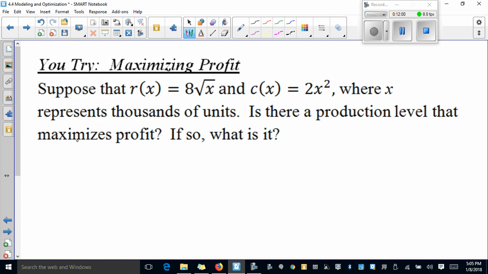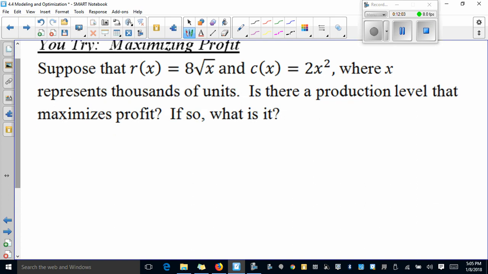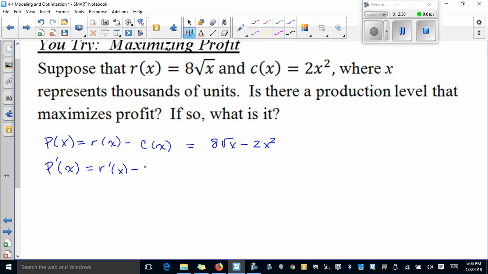And then our marginal profit is going to be our marginal revenue minus our marginal cost, which is going to be, now keep in mind, the derivative of the square root of x is equal to 1 over 2 square root of x. So we're going to get 8 over 2 square root of x minus 4x.